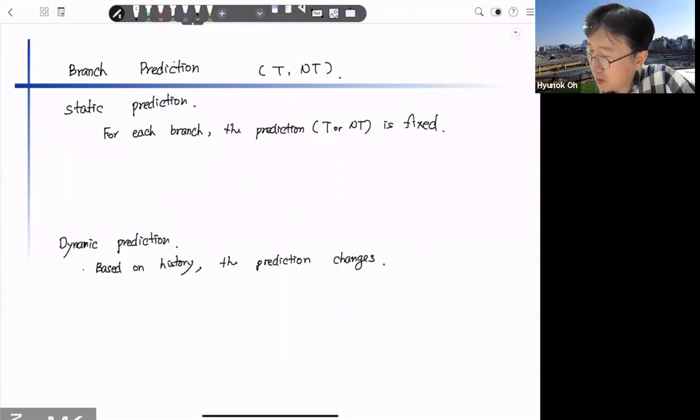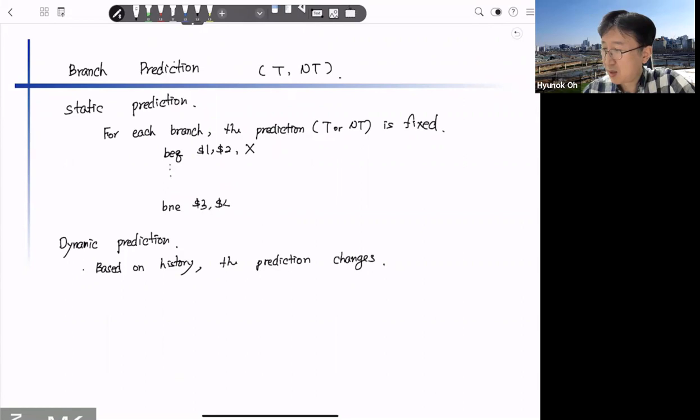So we have a branch here, branch something, and there is some label here, and there is another branch and something and branch here. So let's assume that the first one is branching forward, and the second one is jumping backward.